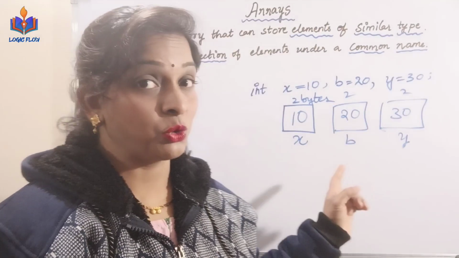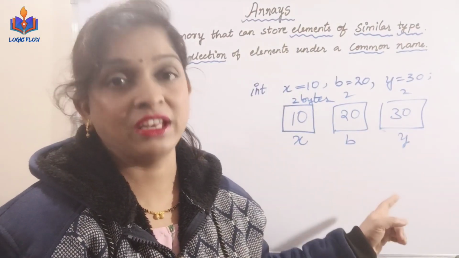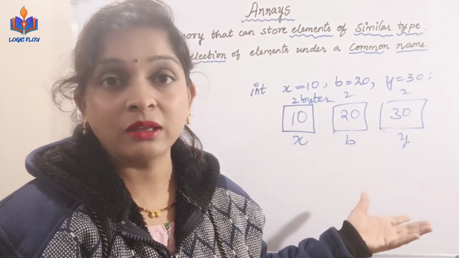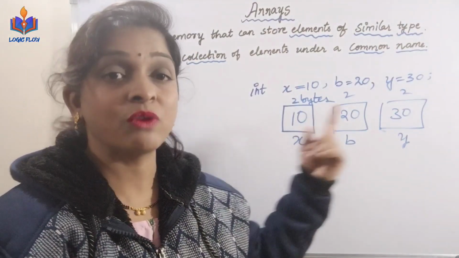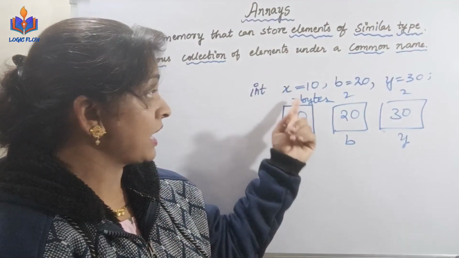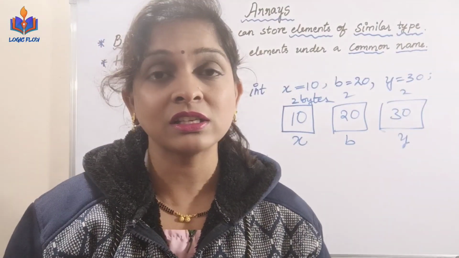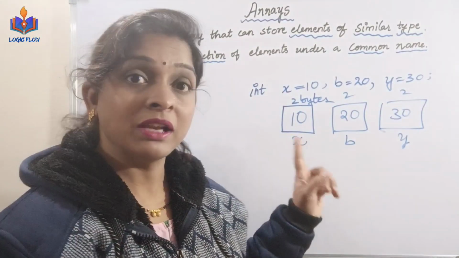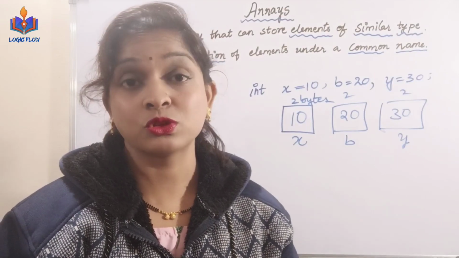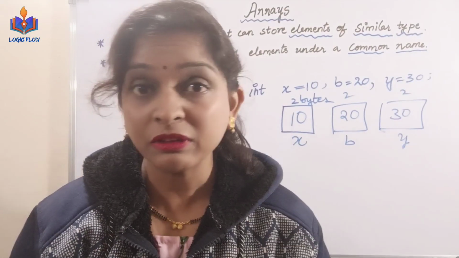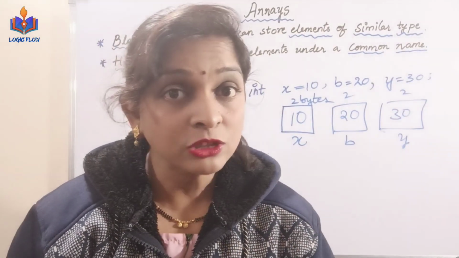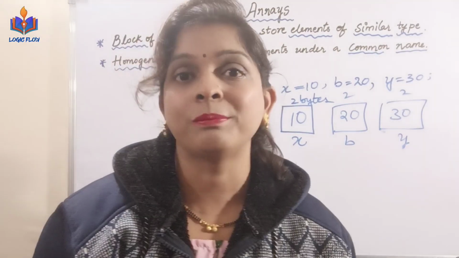That we can't do with a normal variable, because a single variable can store only one value. I say x, I say b, I say y. All these variables are storing one single value. In one variable, I can store only one value. If I want to store multiple values, I have to create multiple variables. Managing those multiple variables is very complicated.